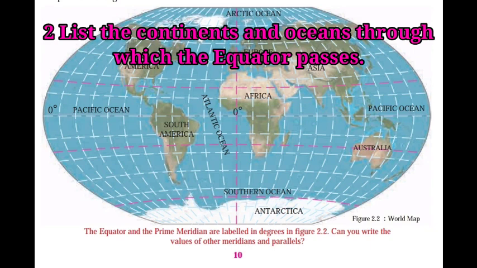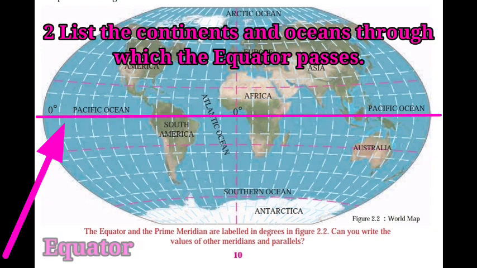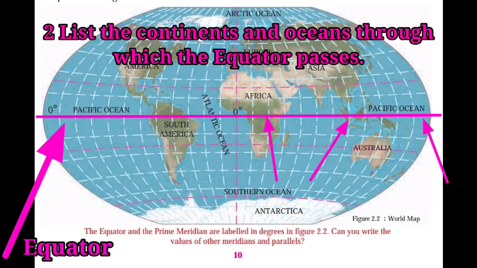Question number 2: List the continents and oceans through which the equator passes. You can see in this figure, here is the 0 degree parallel, meaning the equator. We start from the east. First is the Pacific Ocean, then we see the Asia continent, after that the Africa continent, Atlantic Ocean, South America, and also some part at the western side there is again the Pacific Ocean.